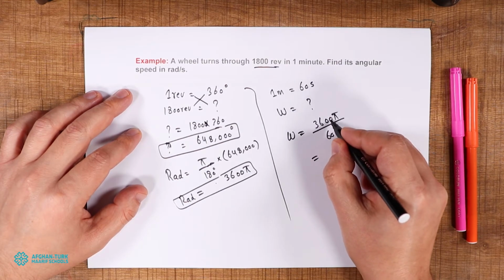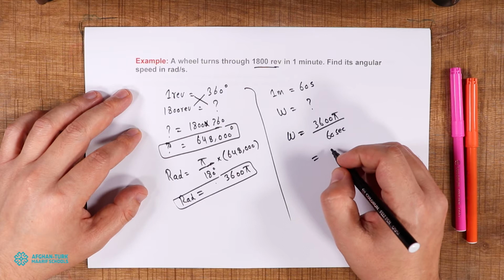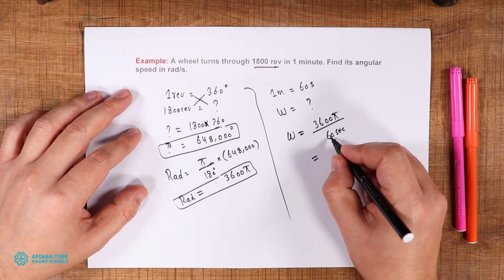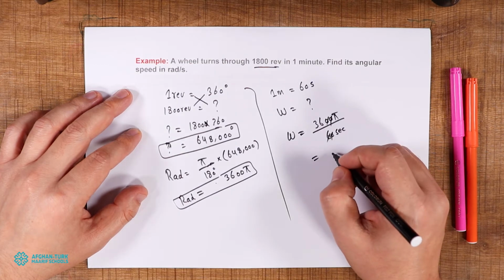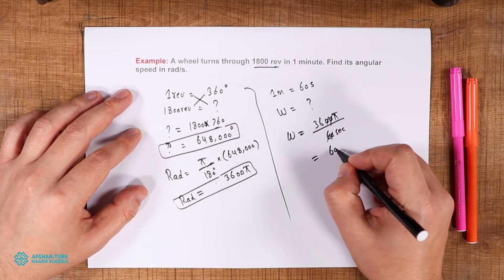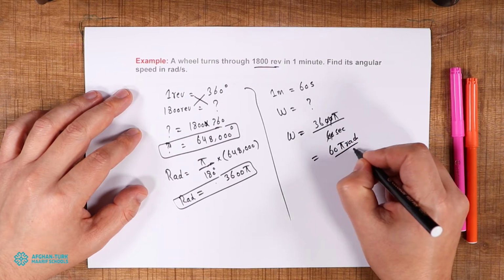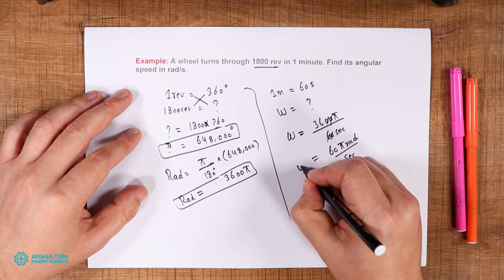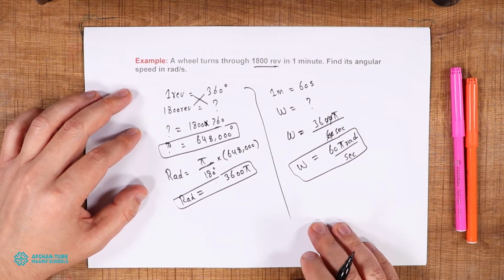If we divide 3600 by 60, the answer will be 60 pi radian per second. So this is the answer of this question.